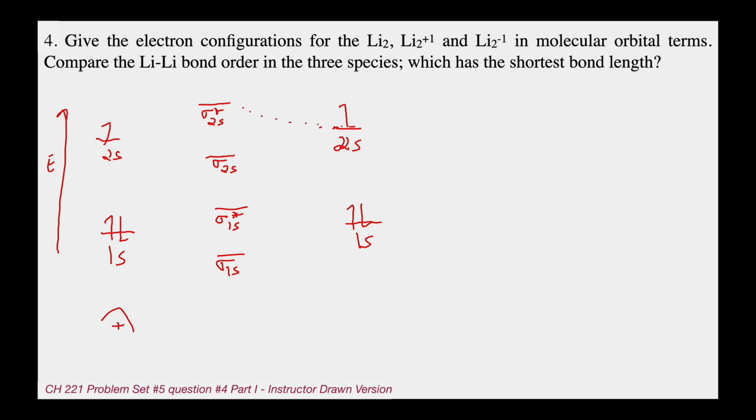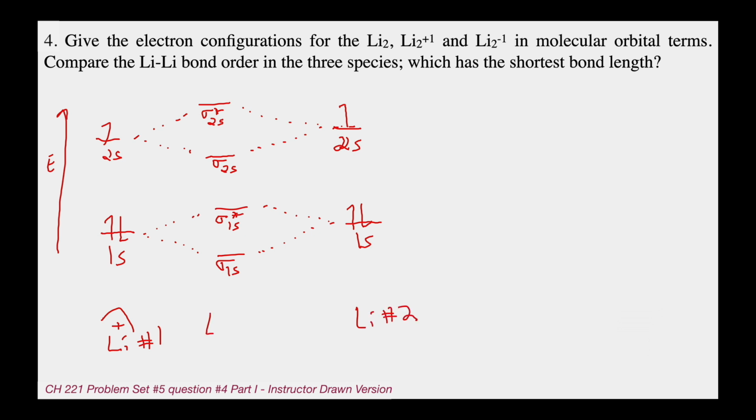Sometimes on diagrams, you'll see little dot lines to show where the molecular orbitals came from. Every time you mix two atomic orbitals, you will get two molecular orbitals. One of them will be higher energy, the anti-bonding, and one will be lower energy, the bonding. So if this is lithium atom number 1, and on the right is lithium atom number 2.